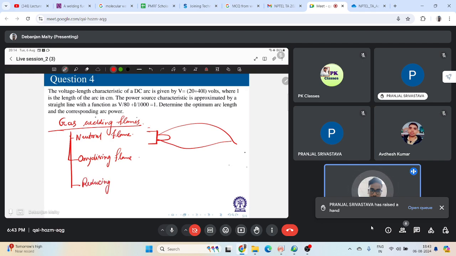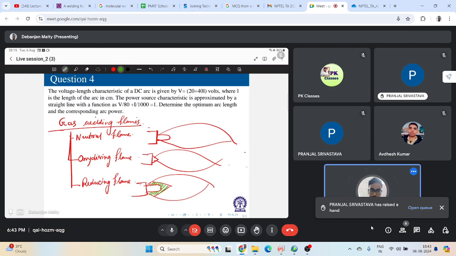So this is also called carbonizing flame, also called reducing flame. So how will you characterize a neutral flame?